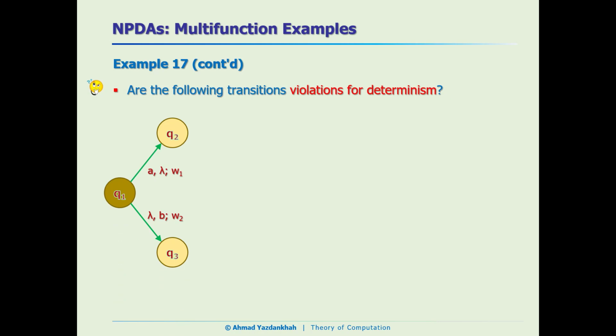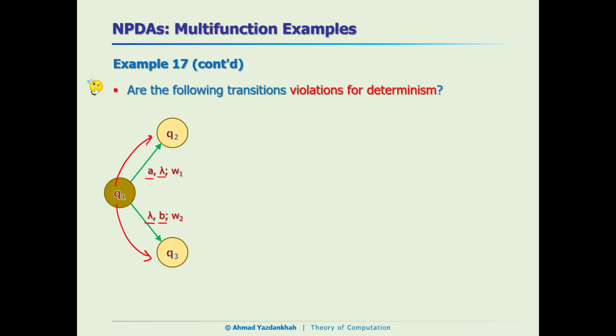Look at that. Here it's saying that if the input is A, don't care about the top of the stack, go to Q2. How about this one? Don't care about the input, the top of the stack is B, then move to Q3.